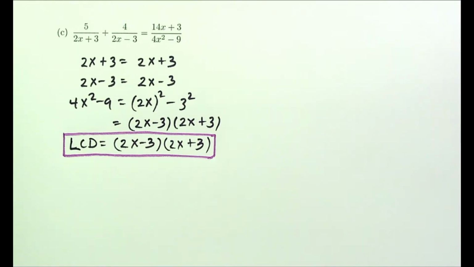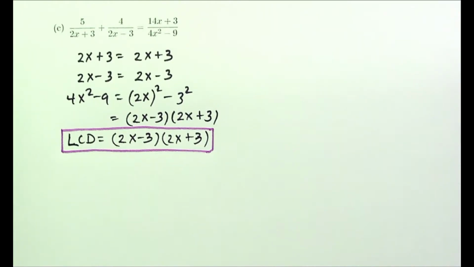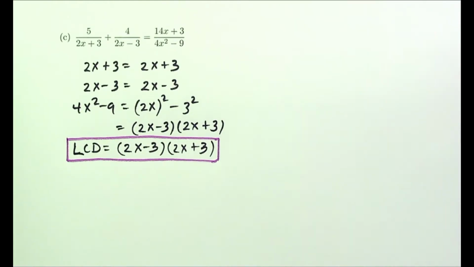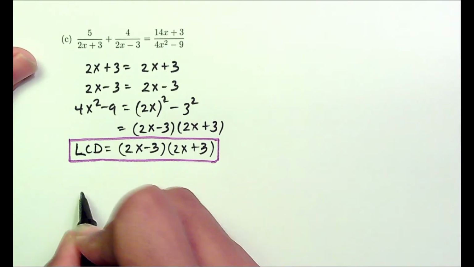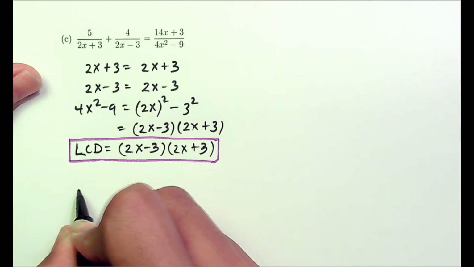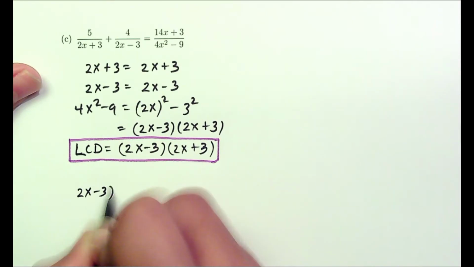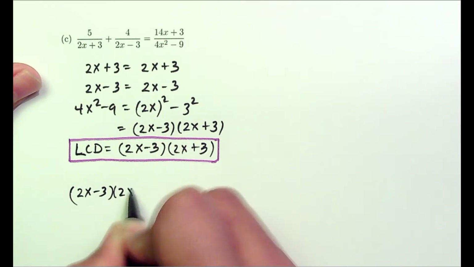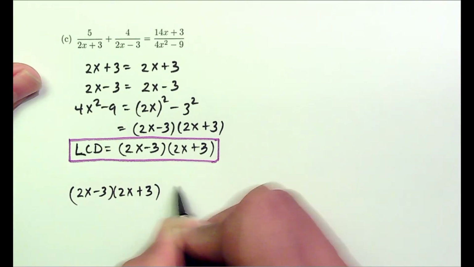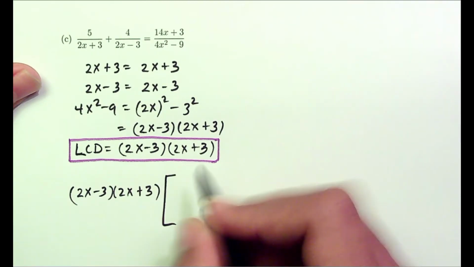Okay, now you use the LCD to multiply both sides of the original equation by that. So I'm going to multiply both sides by this. So I'm going to write 2x minus 3, 2x plus 3. So I use that to multiply the left-hand side by this.